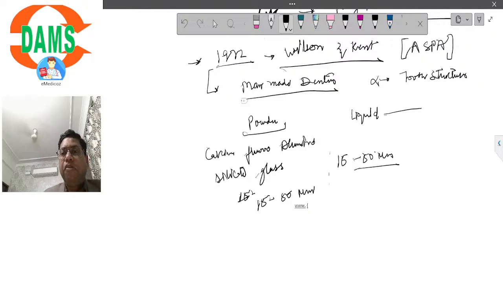The liquid is basically an aqueous solution of polyacrylic acid. PAA stands for polyacrylic acid. Aqueous solution means it is water-based.